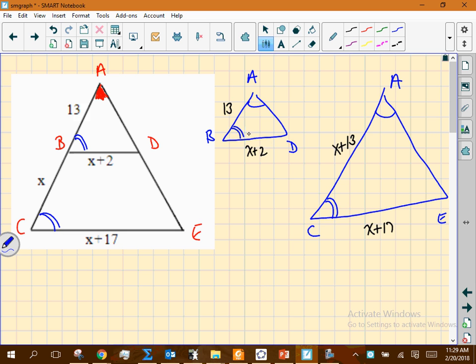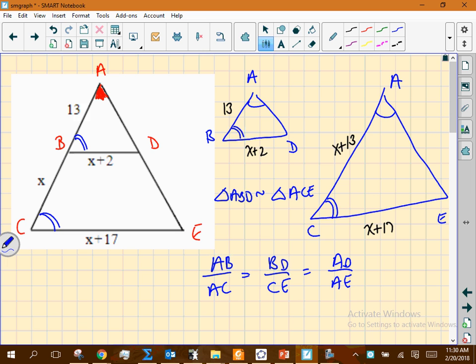So now in making a similarity statement, I'm going to say triangle ABD is similar to, so A to B to D needs to be ACE. So now the argument is AB compared to AC, BD compared to CE, and AD compared to AE.